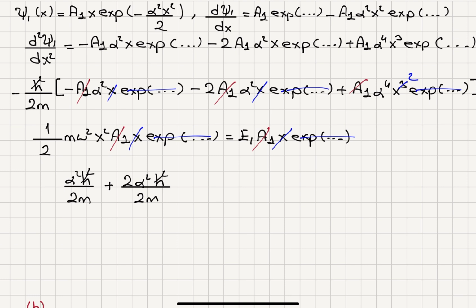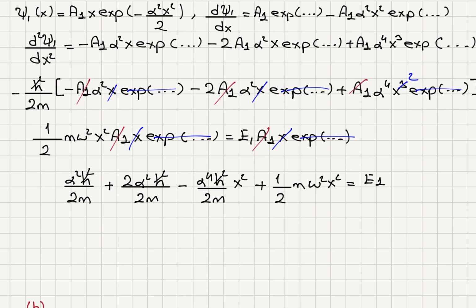Then we have this term, plus minus, so it's going to be minus alpha to the fourth power h bar squared over 2m x squared, and then I have plus 1 over 2 m omega squared x squared is equal to E1.